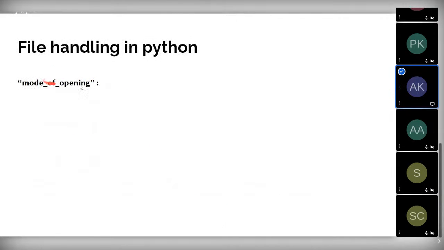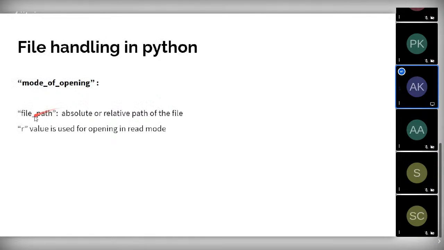We have different options for mode of opening. First, the R value is used for opening in read mode. You will pass R inside double quotes. So this is basically a string, and you need to pass this string value to open the file in read mode.